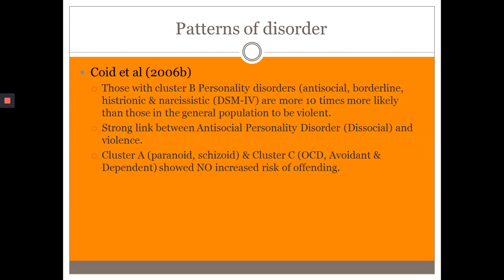So Coid's research came to the conclusion that people with these Cluster B disorders were significantly, 10 times, more liable to violence than the general population who don't have these diagnoses. For example, the antisocial personality, the previously called psychopathic one, lacks compassion, is a thrill seeker, can be very, very brutal, may easily attack someone and cause them severe harm.